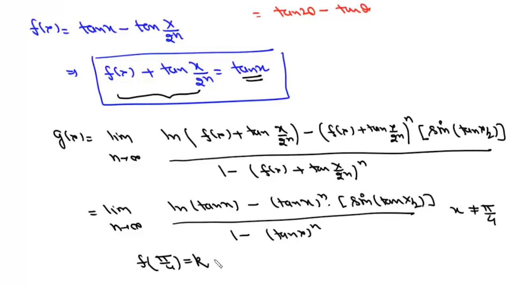Now it says find the value of k if g(x) is continuous at pi by 4.